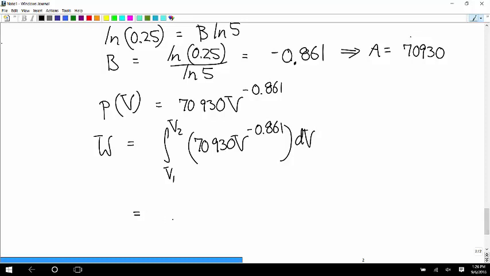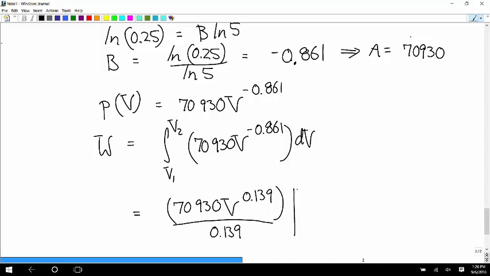So that's equal to 70,930 times V to the positive 0.139 divided by 0.139, evaluated from our starting volume of 0.3 to our ending volume of 1.5.